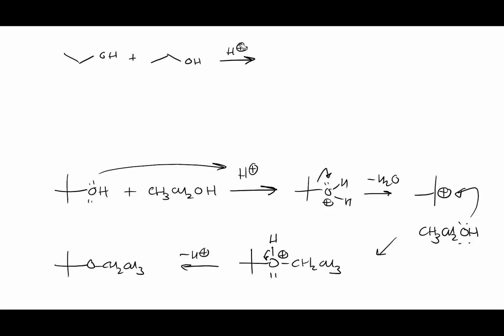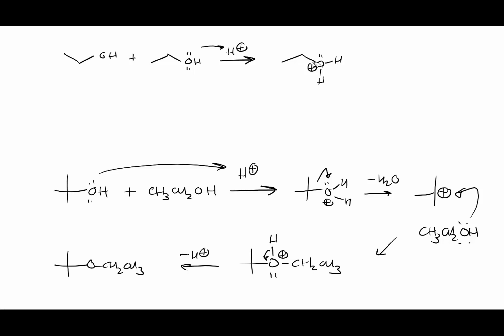So in this case, I have no choice but to protonate one of the two OHs. In the industrial synthesis of diethyl ether, the first step is to protonate one of the ethanols to form an oxonium ion. But then you cannot have the water leave, or else you end up with a primary carbocation.